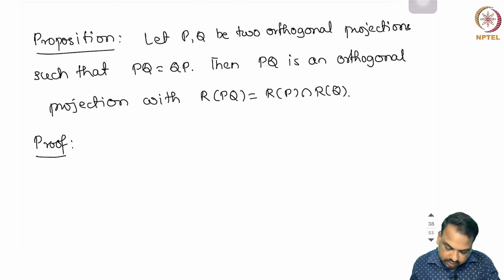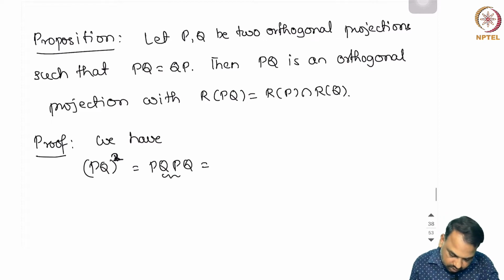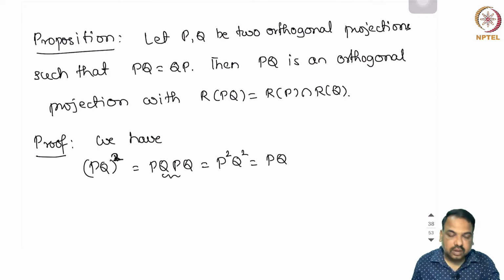So it is enough to show that PQ square equal to PQ, that equal to PQ star. So we have that PQ square is PQ, since Q commutes with P, so this is P square Q square, that is PQ.